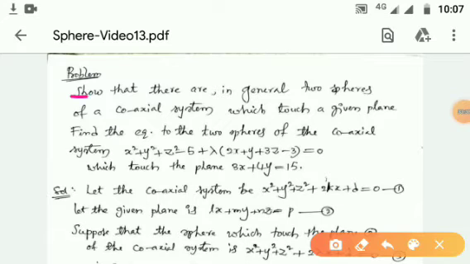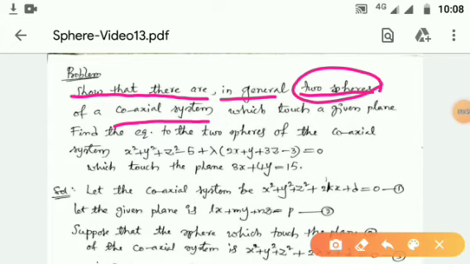Show that there are in general two spheres. We have to show that for every coaxial system, there exist two spheres that touch the given plane. Suppose you are given a coaxial system and a plane, we can find two members of the coaxial system so that they are touching the given plane.